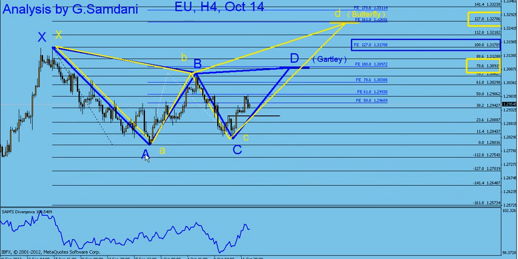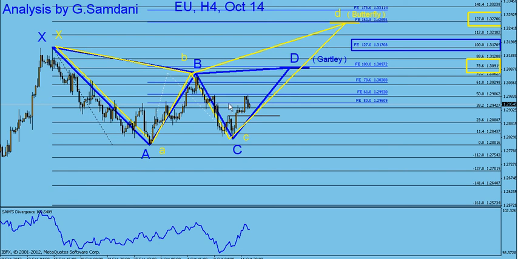Maybe stop, maybe not. If we don't stop there, then we're going for a butterfly pattern, which you can see that AB is equal to CD, 1.618 is coming 132.65, and the butterfly calculation is 127 XA is coming 132.70.